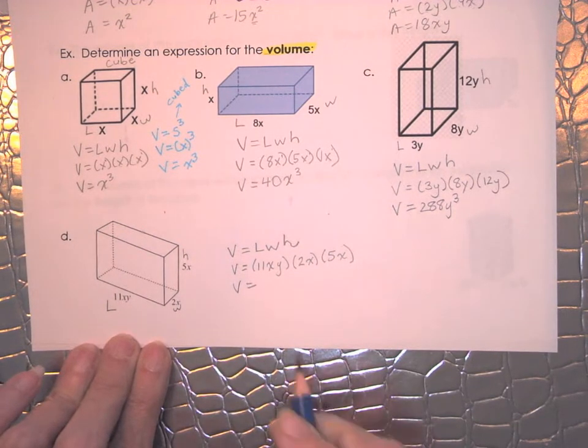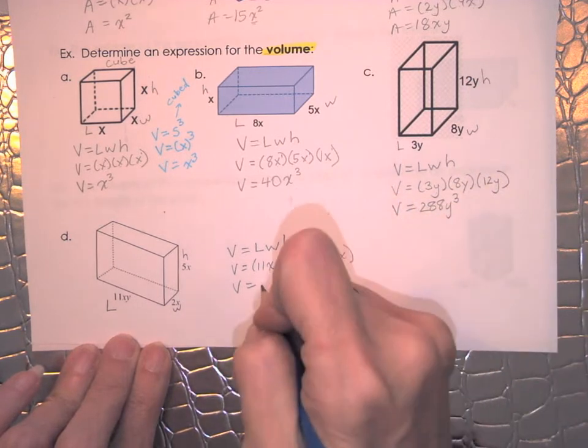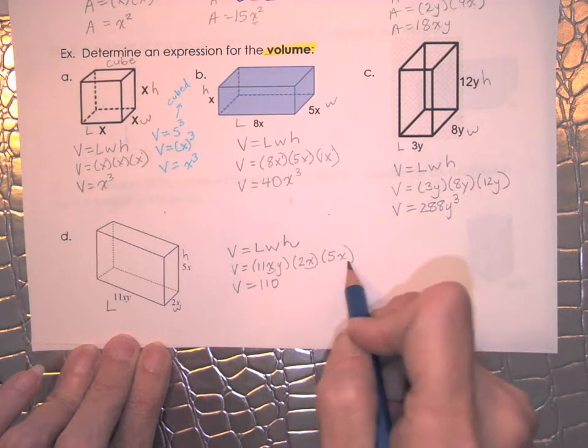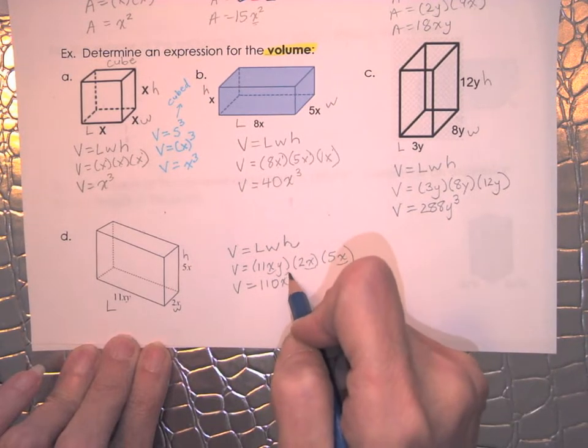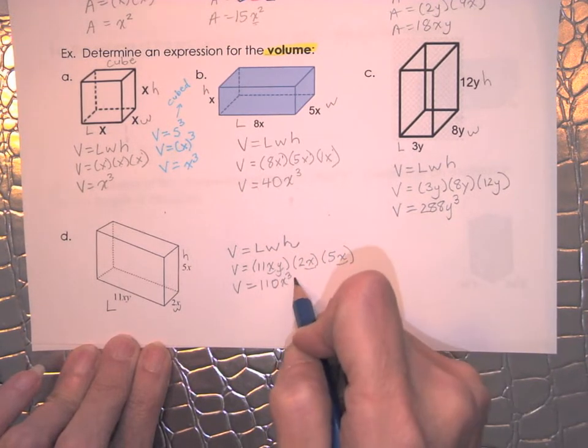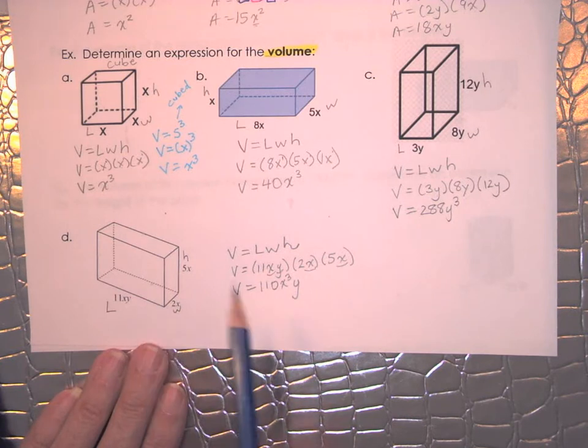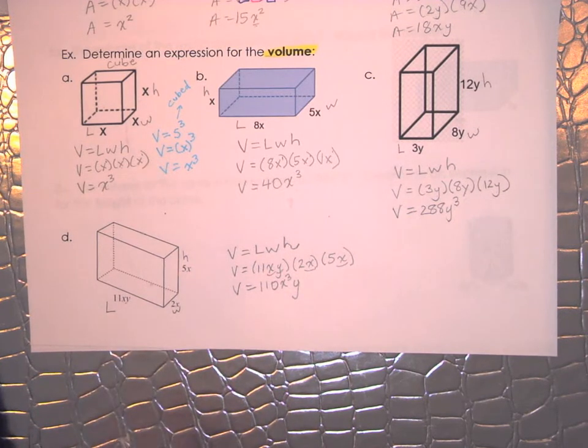Multiply the coefficients, so 11 times 2 times 5 is 110. x times x times x is x cubed, but that's still being multiplied by y. So an expression that can represent the volume of this is 110x cubed y.